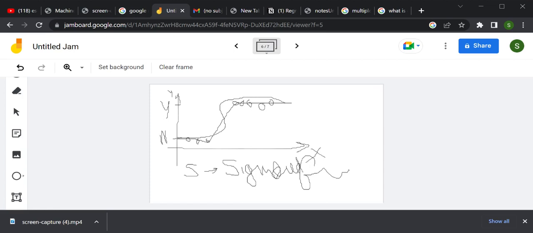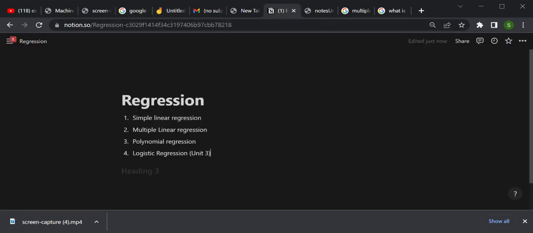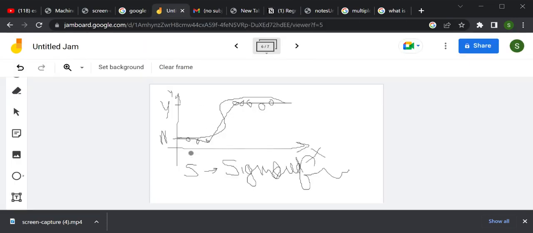The main reason why logistic regression is in unit number 3 is that unit 3 stands for classification, and logistic regression comes under regression as well as classification, because it classifies a data point into a group, that is either yes or no.